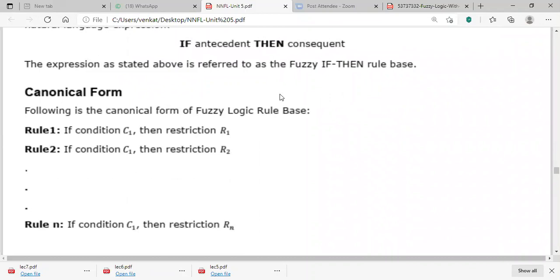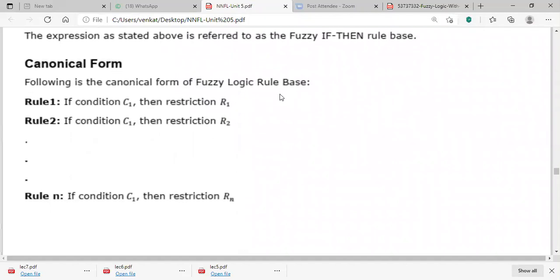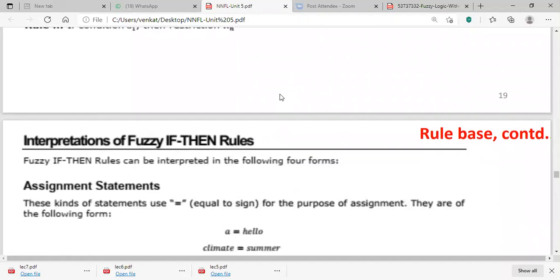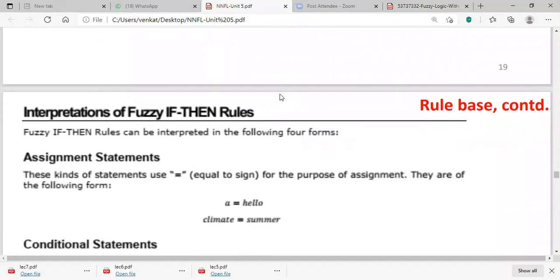Canonical form, here you can see: if condition C1, then restriction R1. If condition C2, then restriction R2. So on, n number of rules. Okay, canonical form. Next one is interpretation of fuzzy if then rules.